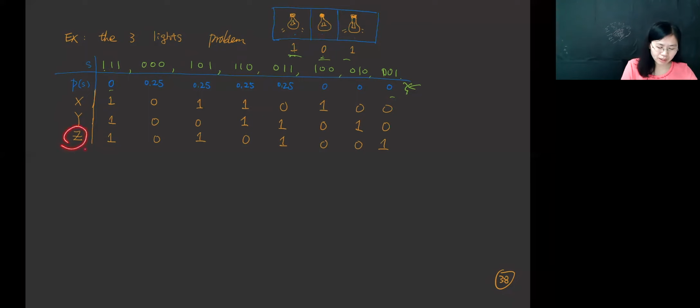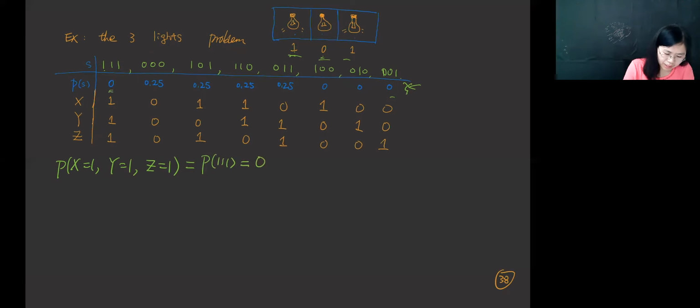And z is 1 if the third light bulb is on and 0 otherwise. These 3 random variables are pairwise independent. So probability that x equals 1, y equals 1, z equals 1 equals probability of 1, 1, 1, right? So that equals 0 given by the table.